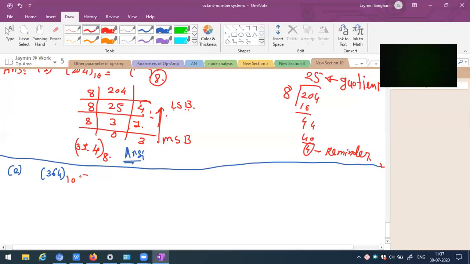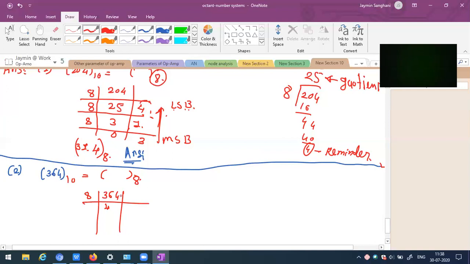Now 364 decimal number. How is it possible to convert into octal? So 364 by 8: 8 3s are 24, 8 4s are 32, so remainder is 4.